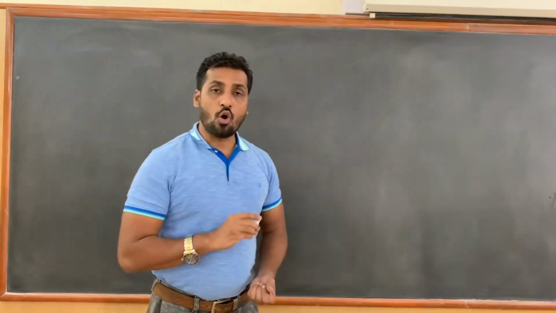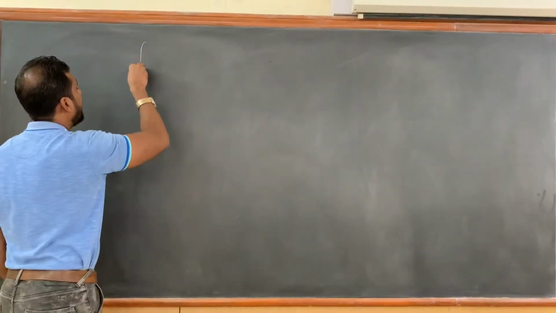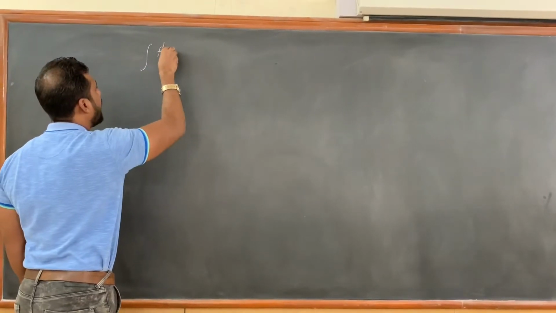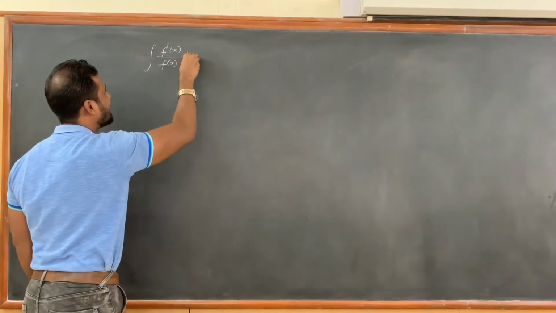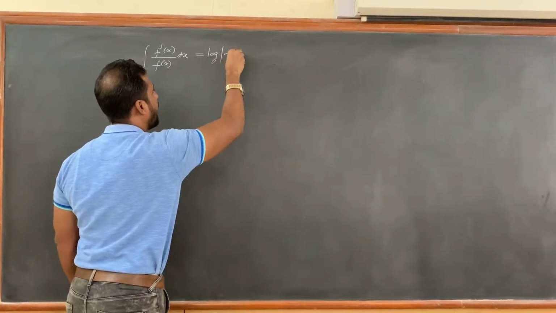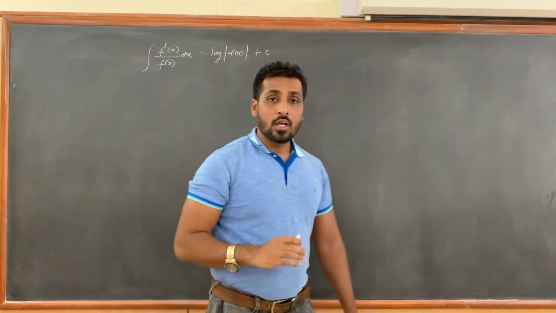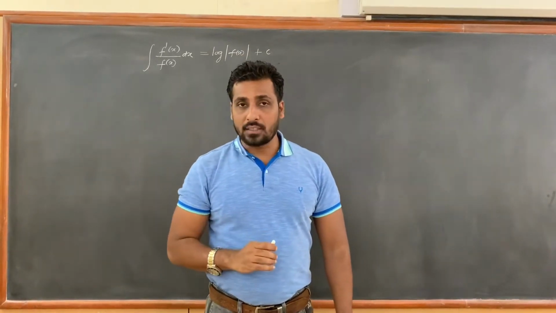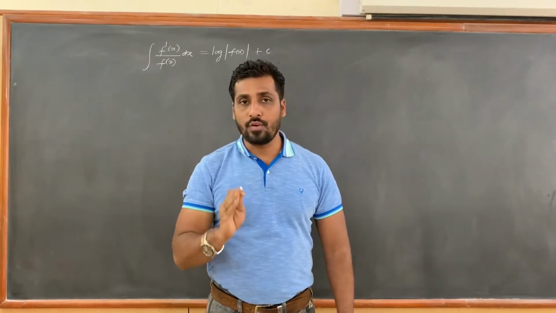Students, the first corollary that we are going to see today is integration of f1 of x upon f of x dx is equal to log of f of x plus c. Now try and understand. When I say f1 of x, I basically mean the first derivative of f of x.